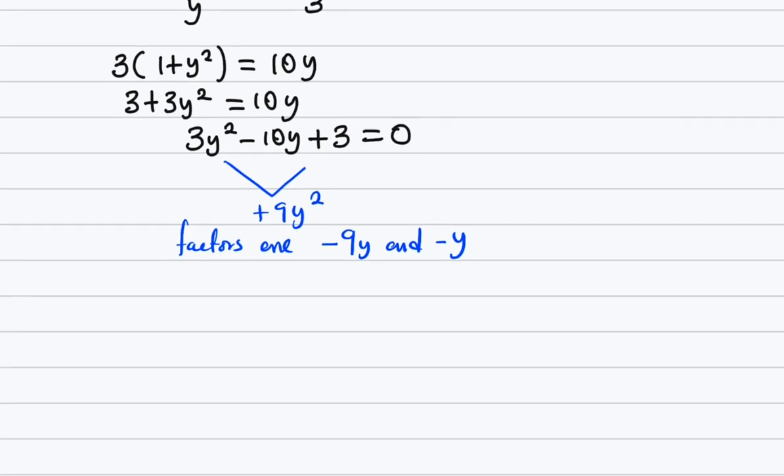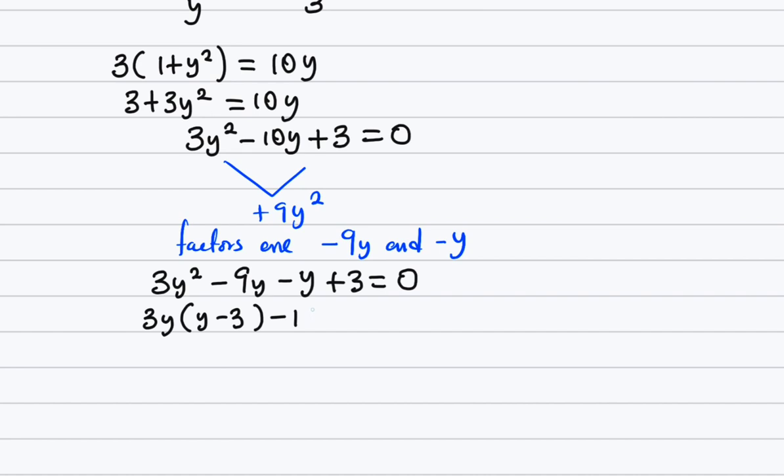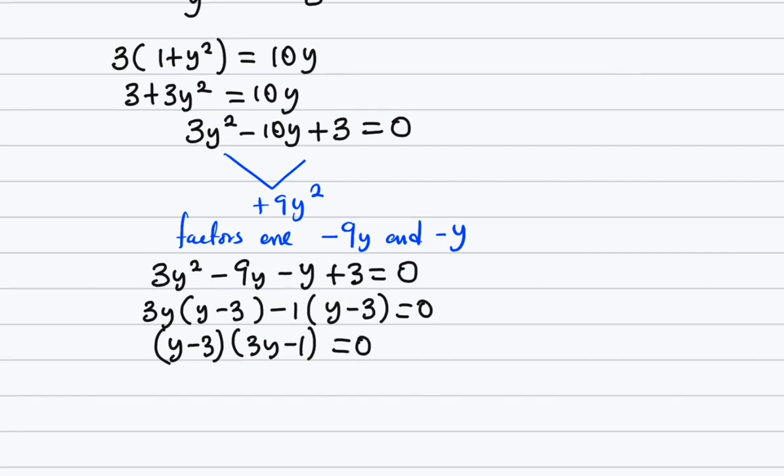So putting it back, I'm going to have 3y squared minus 9y minus y plus 3 is equal to 0. Factorizing it, I'm going to have 3y into y minus 3, then I have minus 1 because 1 is common to both, into y minus 3 is equal to 0. So I have y minus 3 into 3y minus 1 is equal to 0.